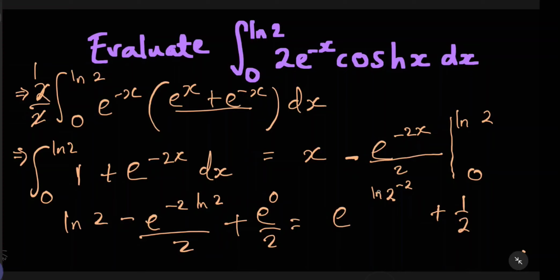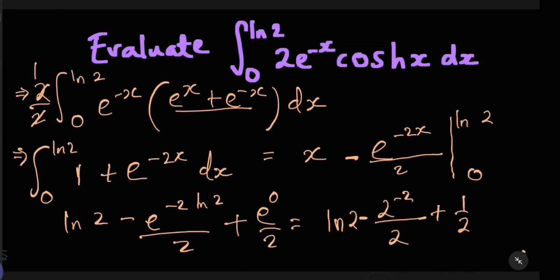So exponent and natural log cancel out, and what you have here is 2 raised to power minus 2. I hope this is clear. So that's how we have 2 raised to power minus 2 all over the denominator 2. Then we are left with natural log of 2 minus this. We can still resolve this more, because 2 raised to power minus 2 is the same thing as 1 over 4, and 1 over 4 divided by 2 is the same thing as 1 over 8.